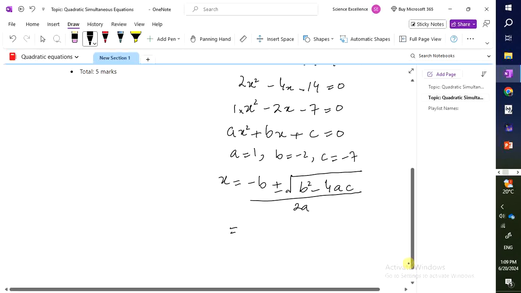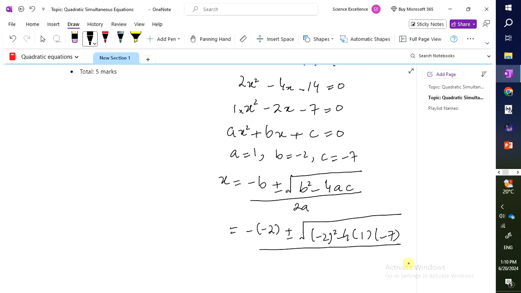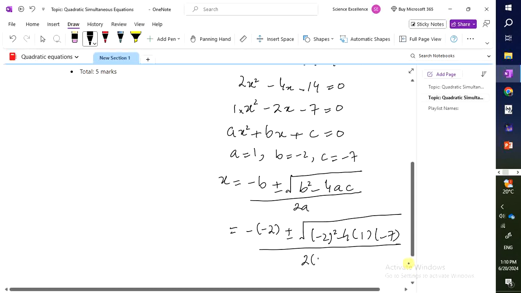So we need to substitute the values of a, b, c over here. b is minus 2, so minus 2 times minus 2, minus times minus is plus, minus 2 square, minus 4, a is 1 and c is minus 7, and 2 times a is 1.